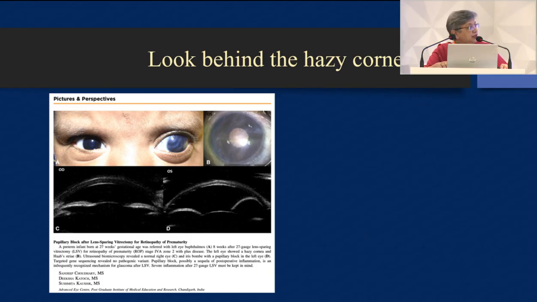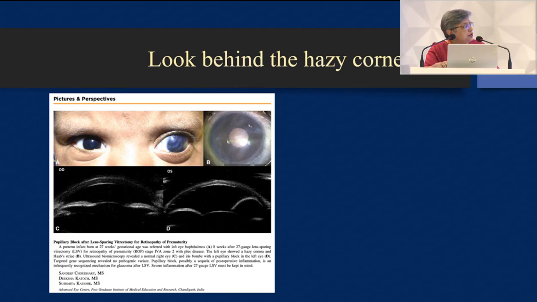On history, it turned out that she'd actually had an LSV for ROP elsewhere, and then had some subsequent trauma, but she came with these Haab striae, and the presence of Haab striae in a baby doesn't necessarily mean it is congenital glaucoma. It just means that the pressure had been elevated prior to it coming to us.